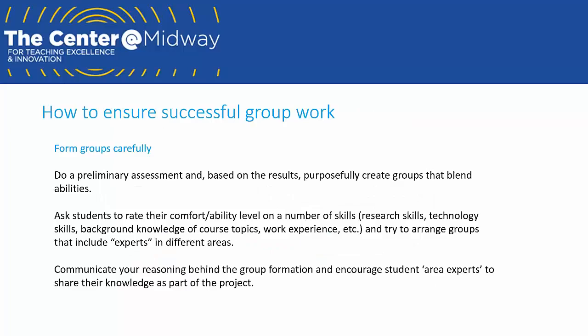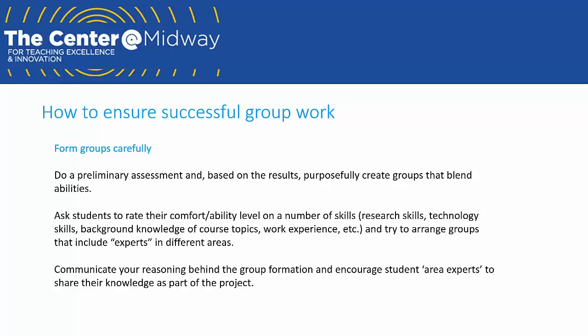The first thing that we recommend when planning group work is to form groups carefully. Normally, when I do group assignments in my class, I do a preliminary assessment of the students, and based on the results, I purposefully create groups that blend student abilities. What does that assessment look like? I ask the students to rate their comfort level or abilities on a number of skills.